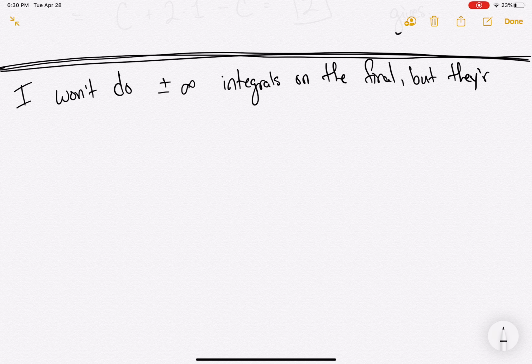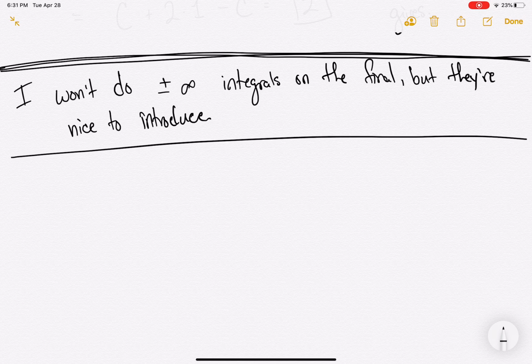They're nice to introduce. They get used a lot in actual mathematics and stats and all sorts of other disciplines of science, so it's pretty important to introduce them.